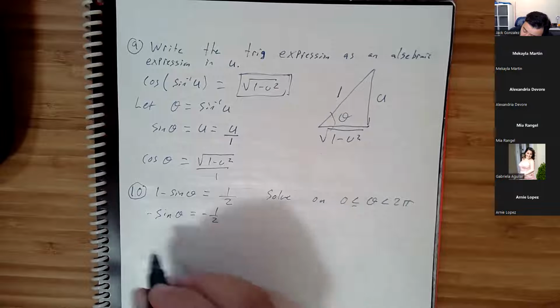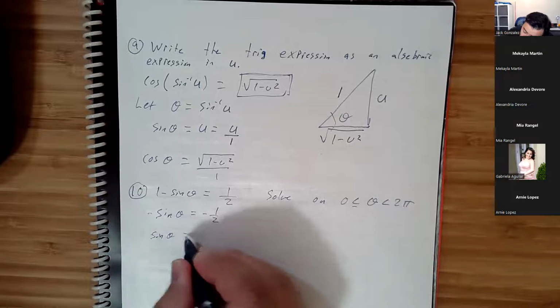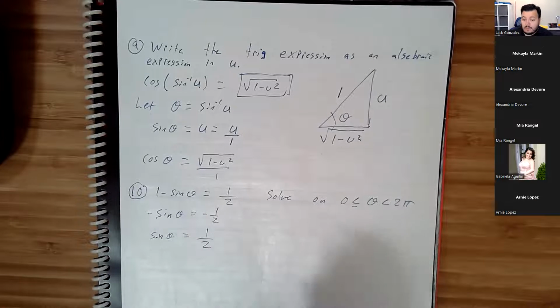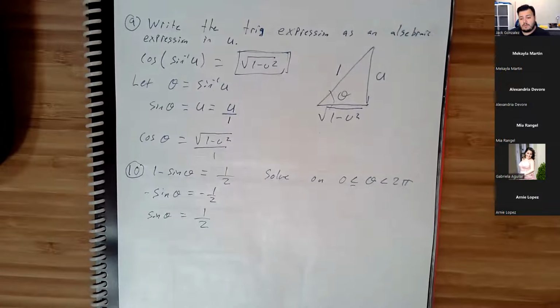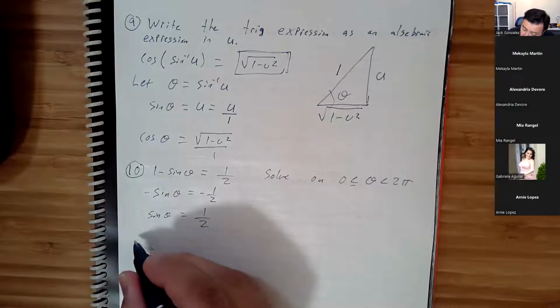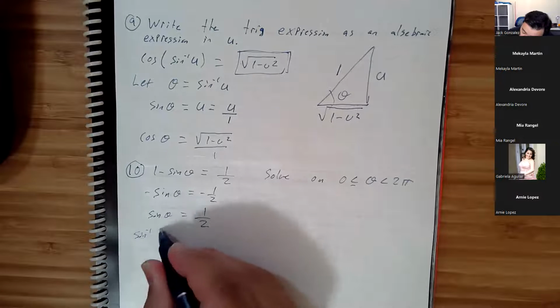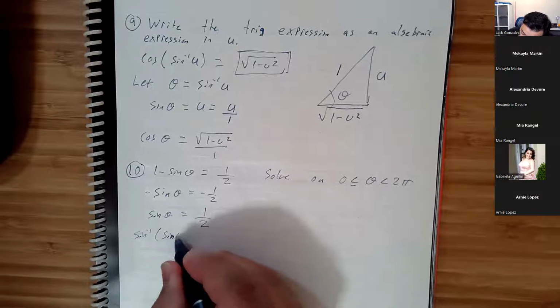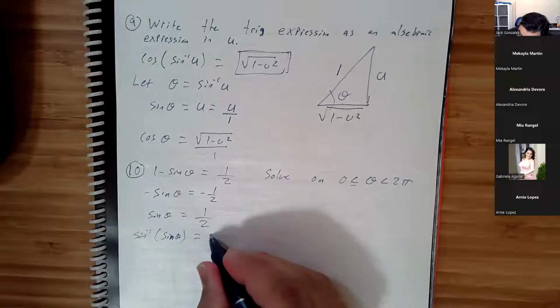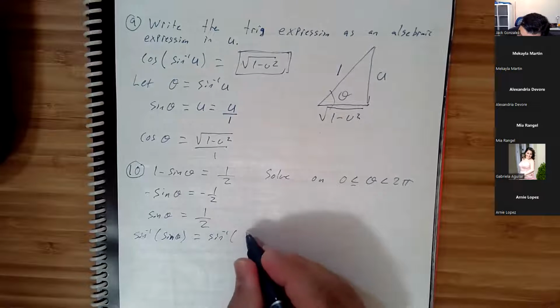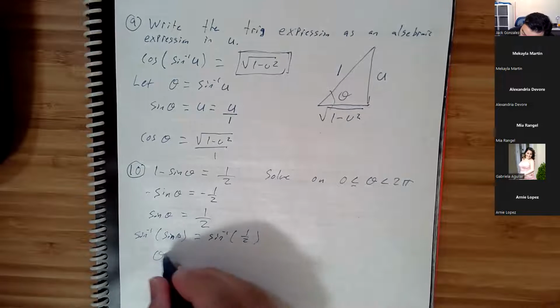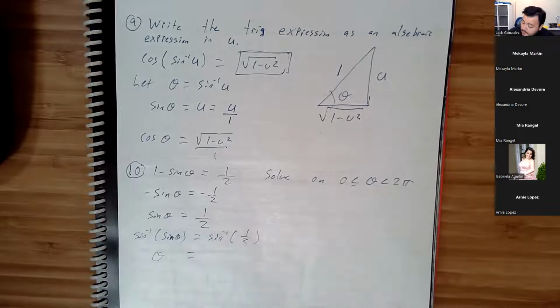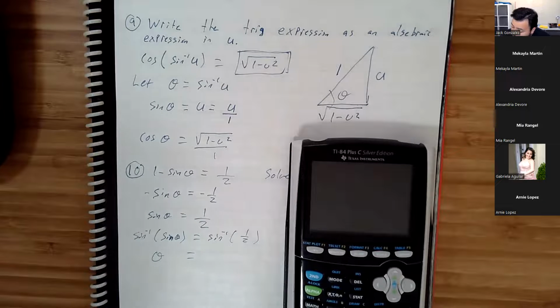Both sides are negative, divided by negative gets us to here. Okay. So here's when we do the sine inverse of both sides. Even though we have the answers on the circle, let's go ahead and do it this way. So theta is equal to, I don't know, we did this earlier.